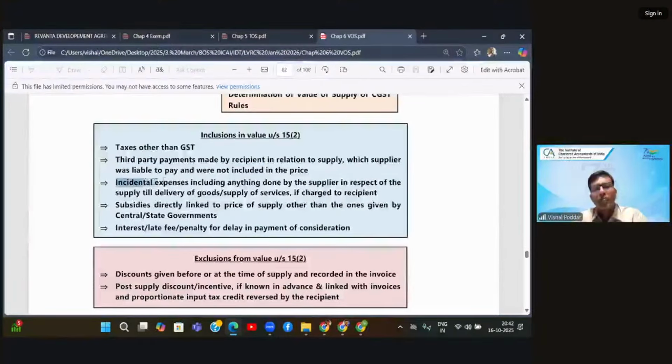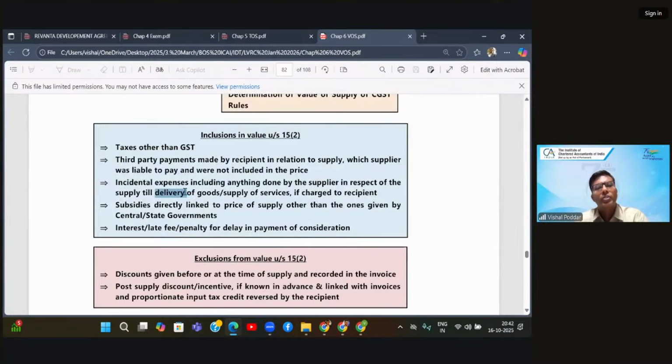Third, where besides the value of goods or service, the supplier is charging extra. Why is it charging extra? Because the supplier has done something extra in respect of these goods or in respect of these services. Now, what can this extra thing be? Many times the supplier does delivery, packing, handling.